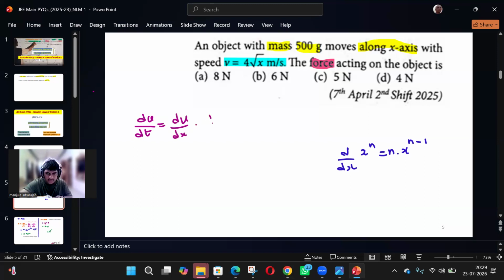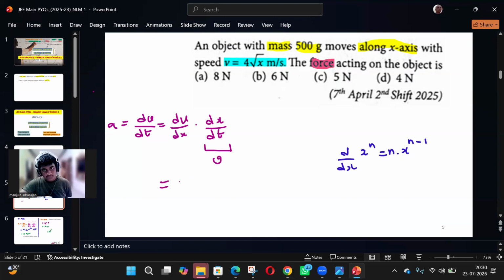Now a we have found. F equals m a, which is equal to m v dv by dx. What is dx by dt? It is the velocity, which is given as 4 root x.